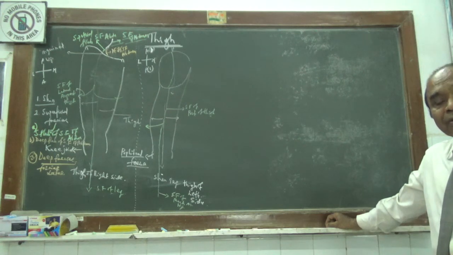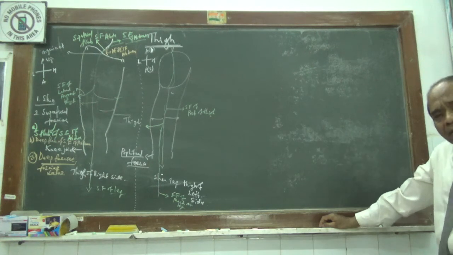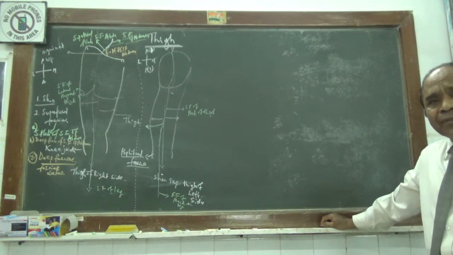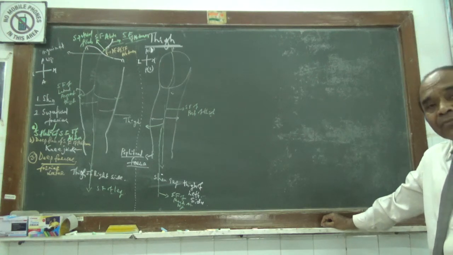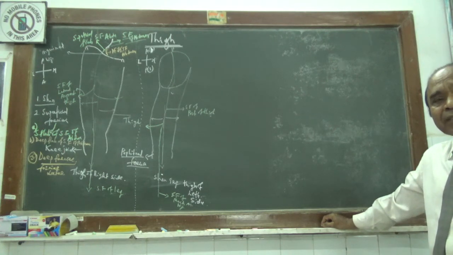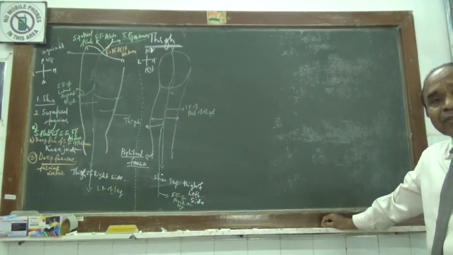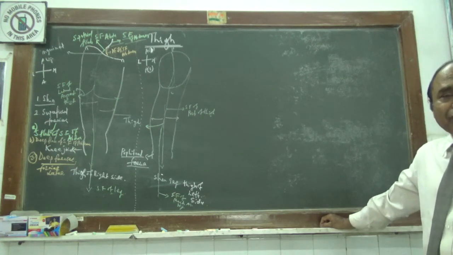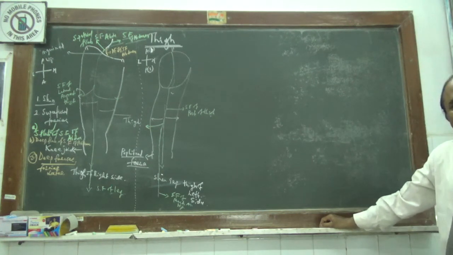It contains more fibrous tissue and less fat, and this deep fascia is quite far from the skin and superficial fascia in the thigh region. Now this deep fascia separates the skin and superficial fascia from the underlying structures such as muscles, vessels, nerves, even the bones.